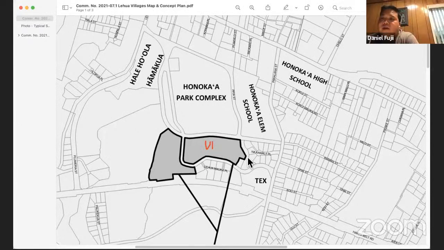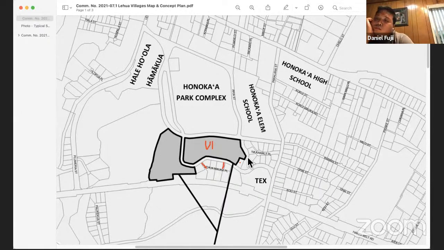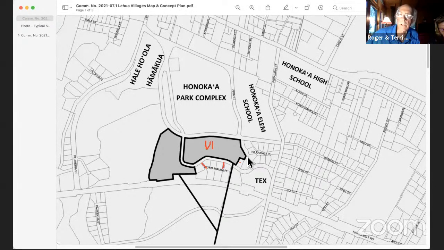And then if you go across the street to where Richard's at, you see those 8 or 9 lots there. You can see the entrance road to those Hāmākua parcels, and it does not intersect with the one that would be going Mackay. They're kind of close, as Jack mentioned, but it's not like a 4-way intersection.